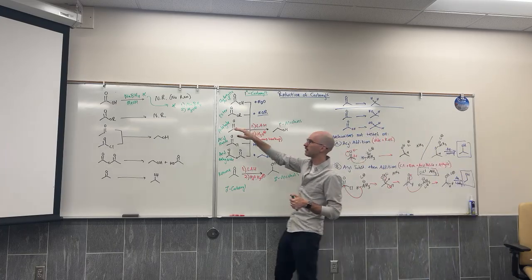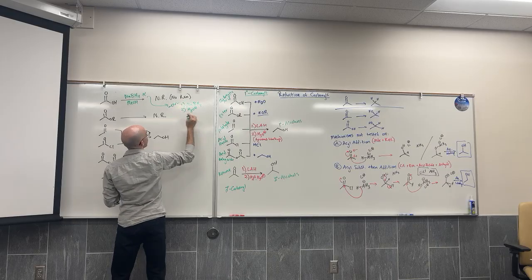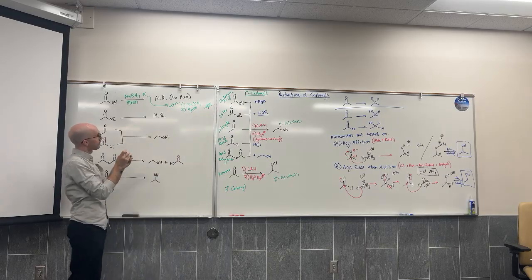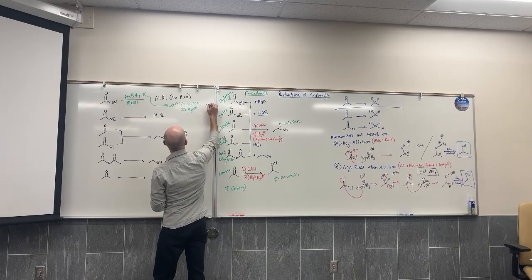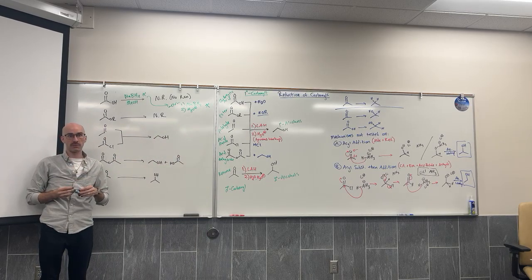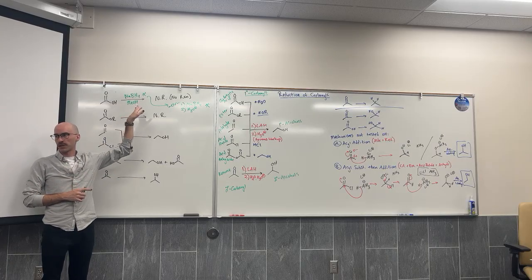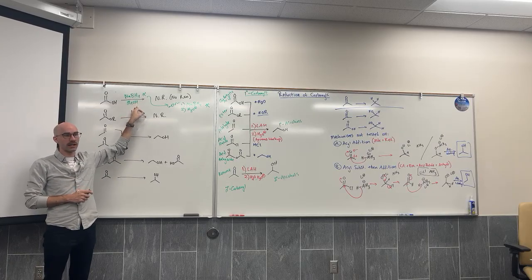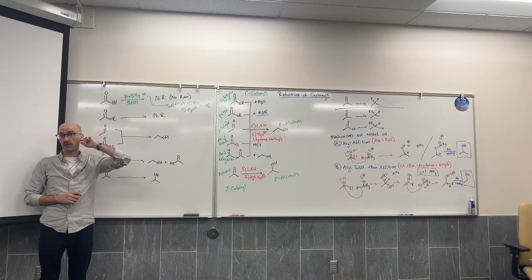You're going to see some of my resources that still say first NaBH4, then H3O+, my old resources. You're going to see some of my newer resources say NaBH4 in methanol. I'll accept either one of them.